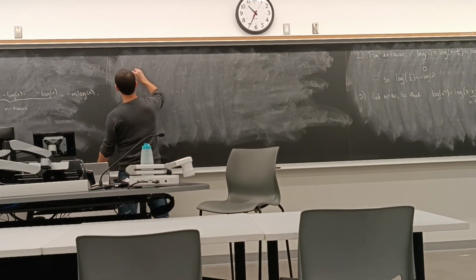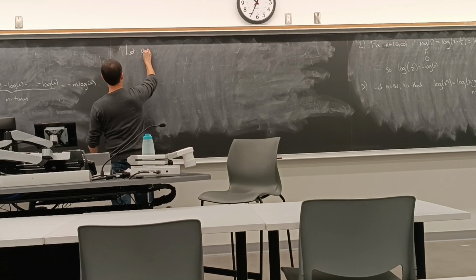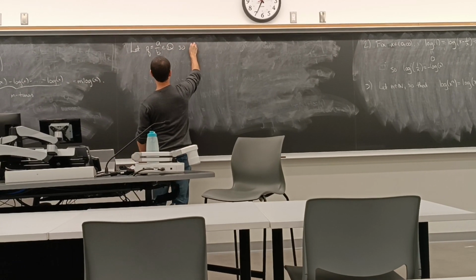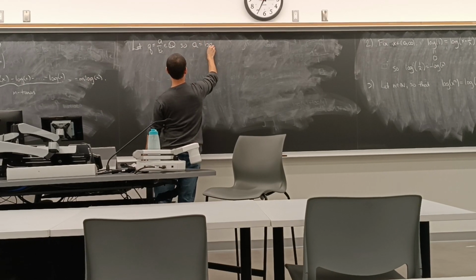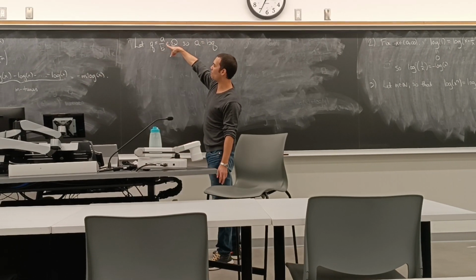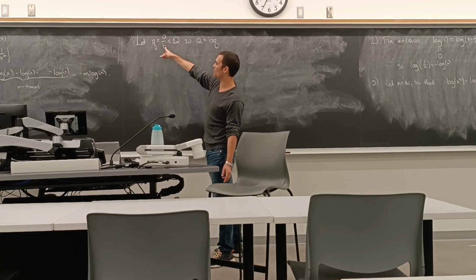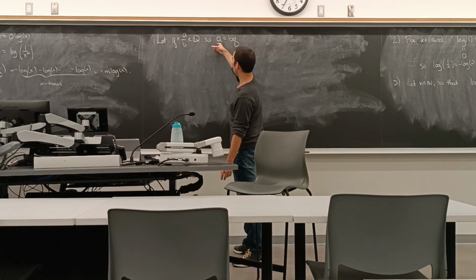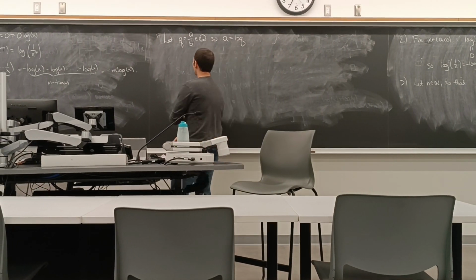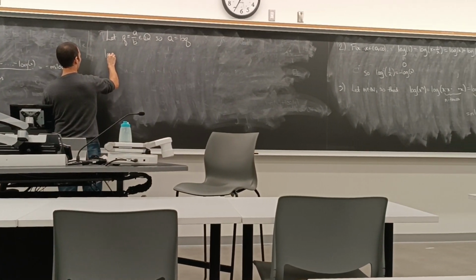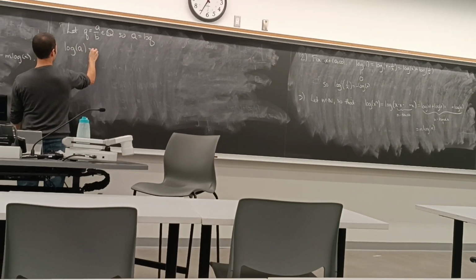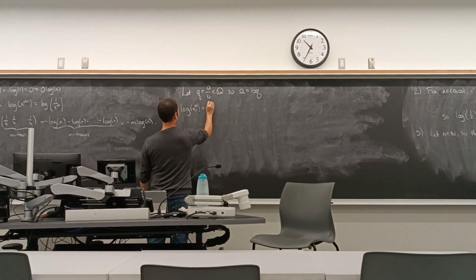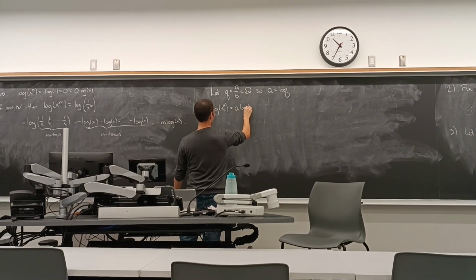So let q equal a over b be a rational number, so that a is equal to bq. I start with my rational, but I don't know how to deal with fractions. So let me get rid of the fraction and write a equal to bq. And now I'm going to act with log on x to the a. So log x to the a is a log x.